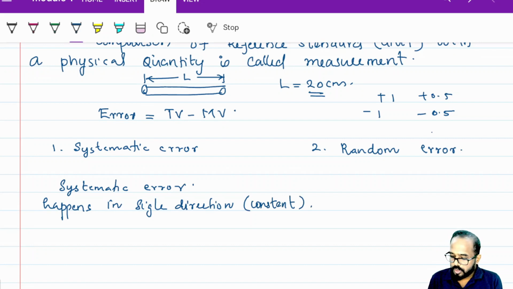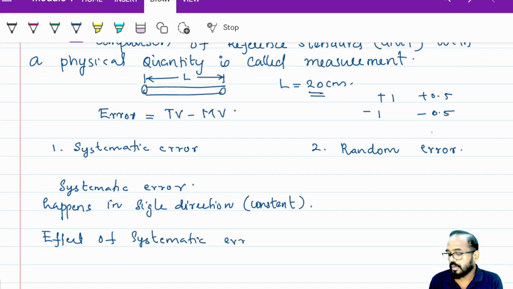So what is the effect of systematic error in the measurement? It leads to a set of measurements which may be all higher values or all lower values, because the error is fixed and it is only in one direction.